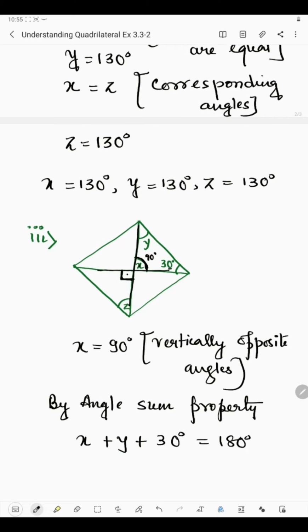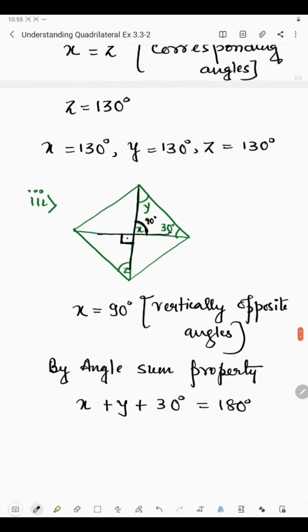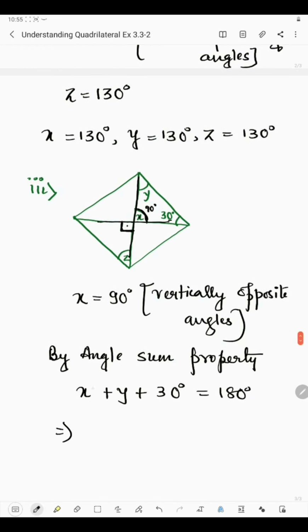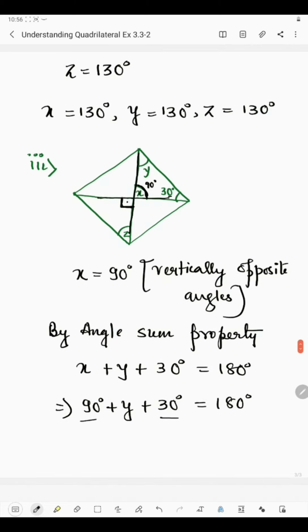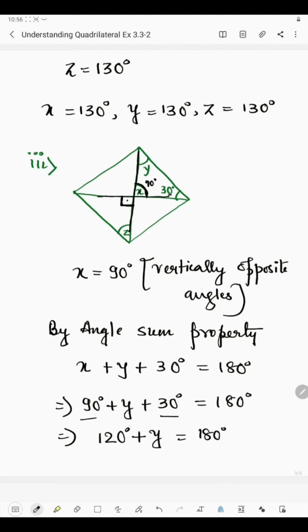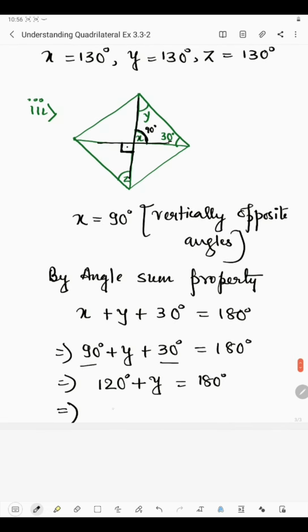This is by angle sum property because the sum of angles of a triangle is 180 degrees. Now if the value of x is 90 degrees, then 90 plus y plus 30 degrees is equal to 180 degrees. Now we'll add these two. So 90 plus 30 is 120, plus y is equal to 180. So what will be the value of y? 120 will be transposed to the other side. So 180 minus 120. So the value of y will be 60.